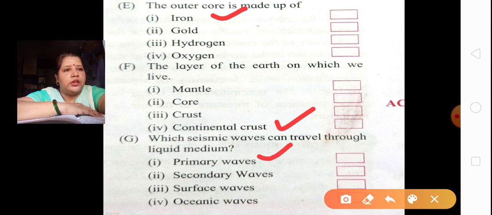The layer of the Earth on which we live: mantle, core, crust, continental crust. Continental crust. Which seismic waves can travel through liquid medium? Primary waves, secondary waves, surface waves, oceanic waves. Primary waves. Correct.